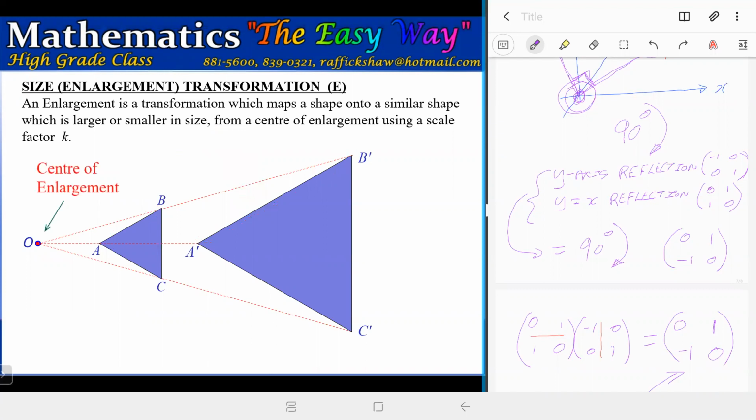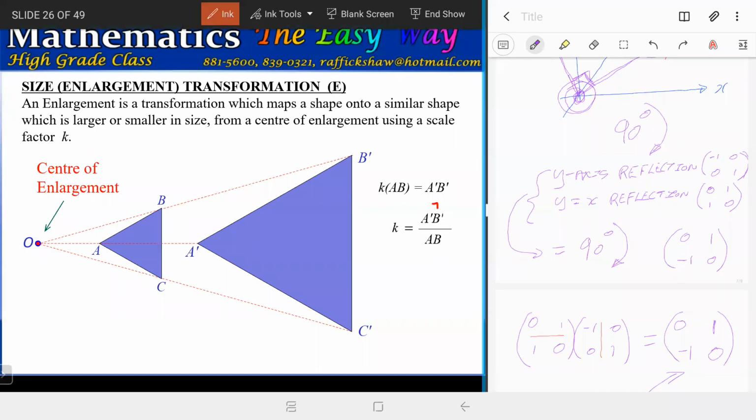Scale factor times AB equals A prime B prime. Therefore, if I divide by AB, I get that the scale factor is A prime B prime divided by AB. So it's an image distance divided by the corresponding object distance.